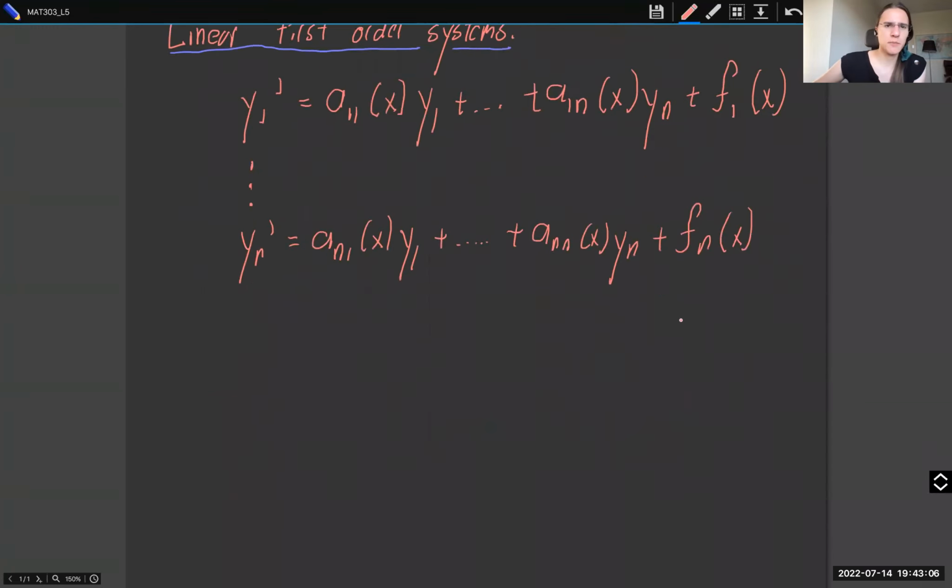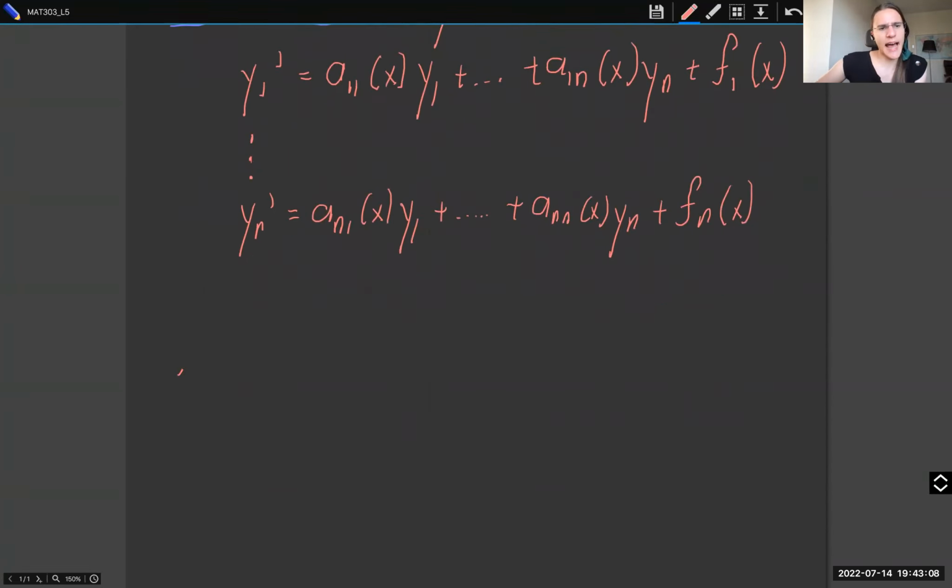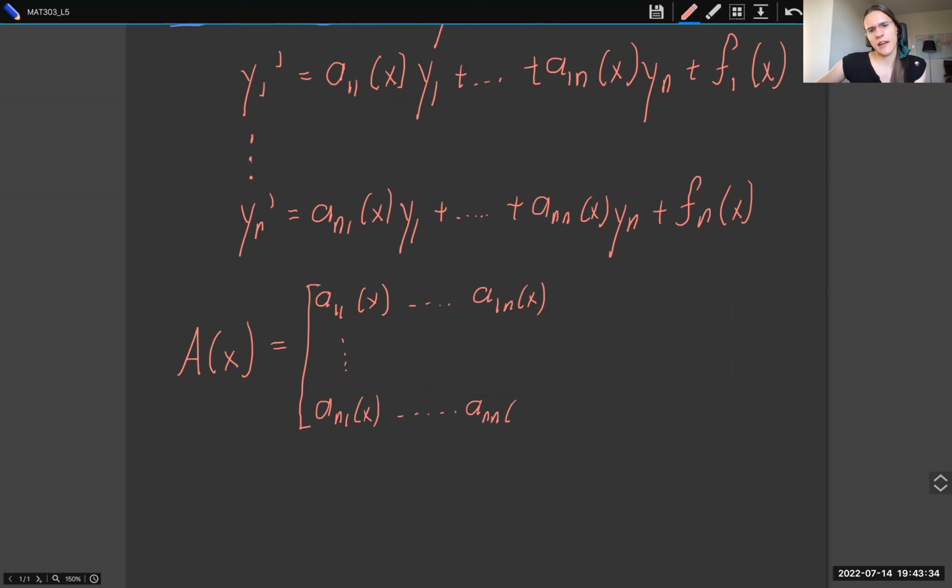And how we're going to express this is we're going to let capital A, which is a function of x, denote the matrix valued function with entries A11(x) through A1n(x), down to An1(x) through Ann(x).